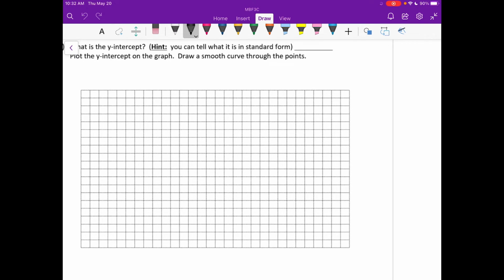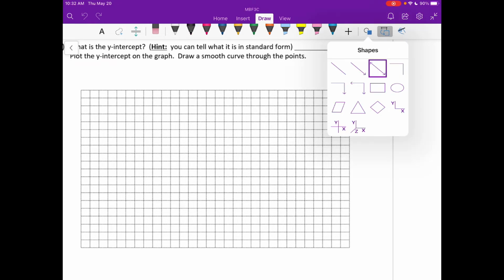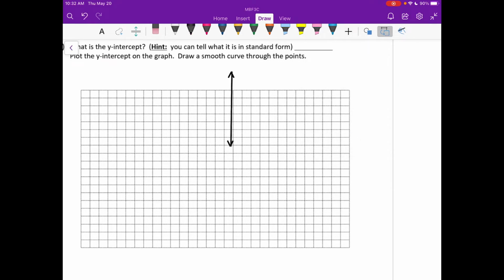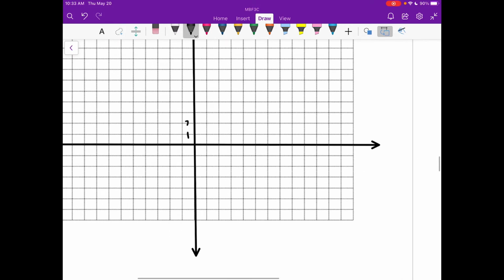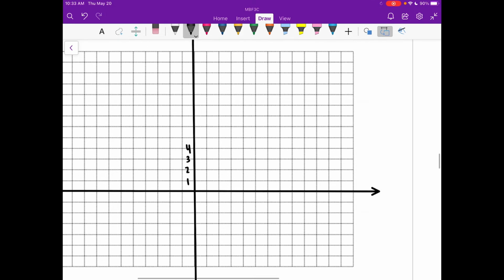Okay, so let's go in here and say, all right, let's draw in our line. And then let's draw in our second line going the other way. So I'm just going to go and draw it from here. Okay. So let's do that. And then I'm just going to draw in my values. Spoiler alert, I already know what they are. So naturally, let's do 1, 2, 3, 4.